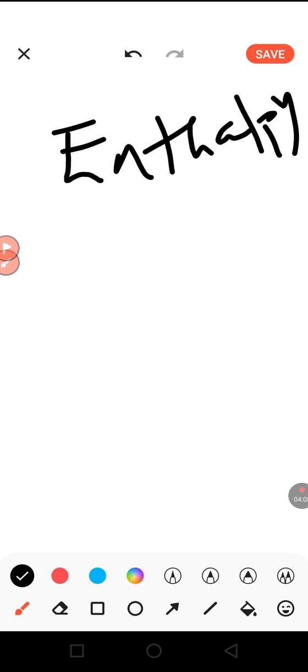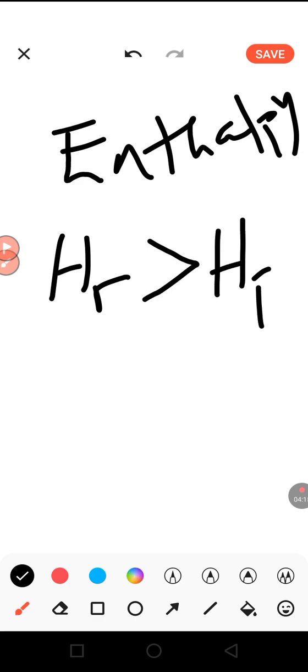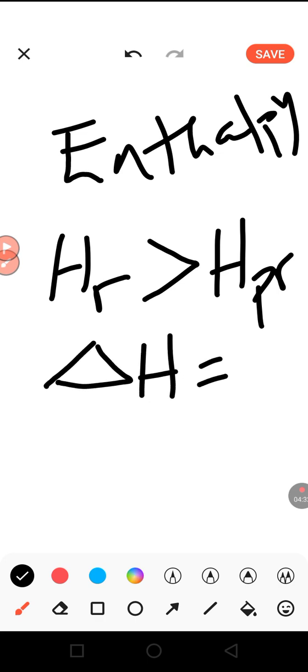For every exothermic reaction, delta H, which is the change in heat content, is always negative.